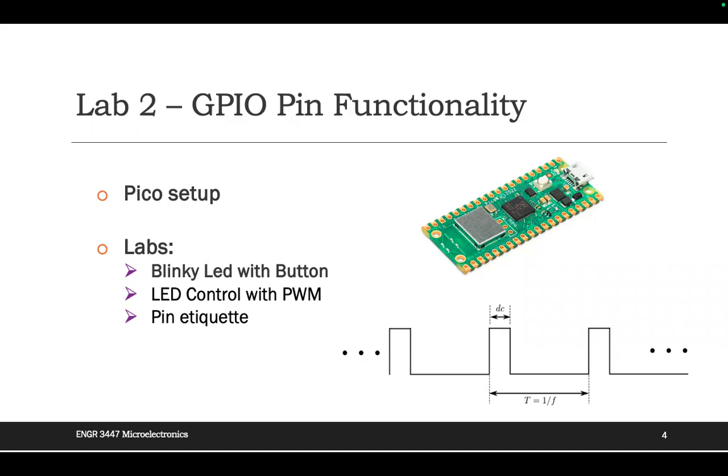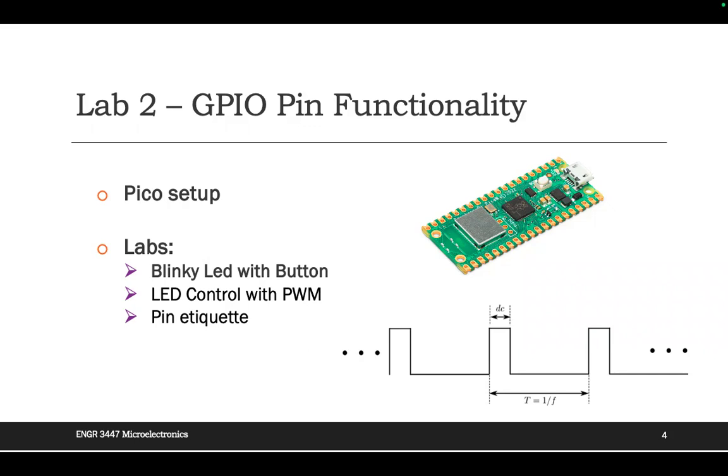The GPIO is very important for us in this class because input and output is very important for the microcontroller. How to deal with the data is just a code part. You just write specific code and then implement a specific function. But the input and output is very important.